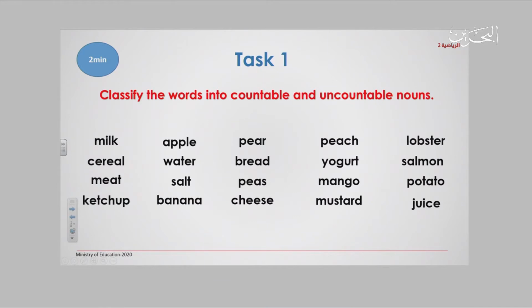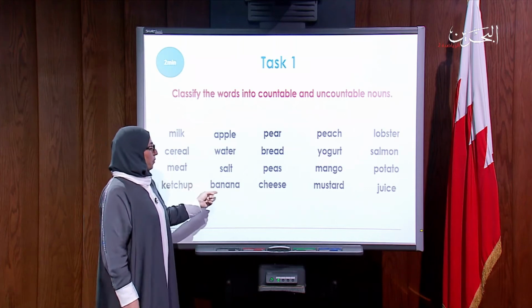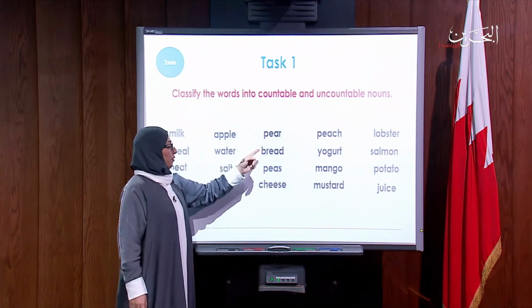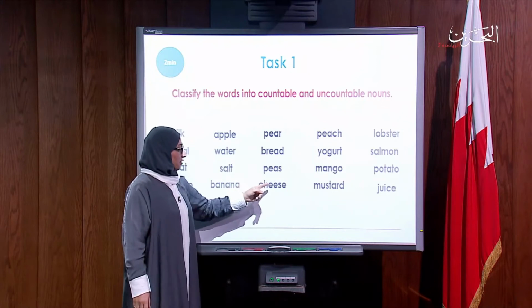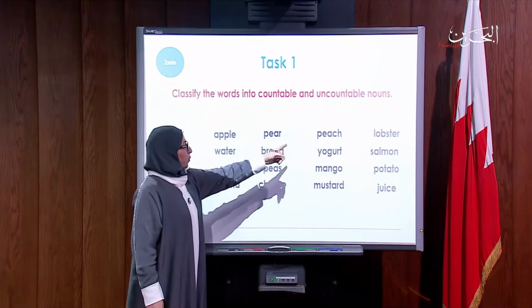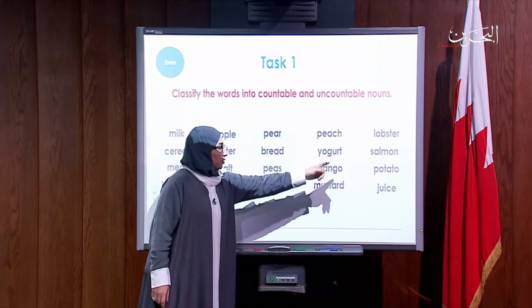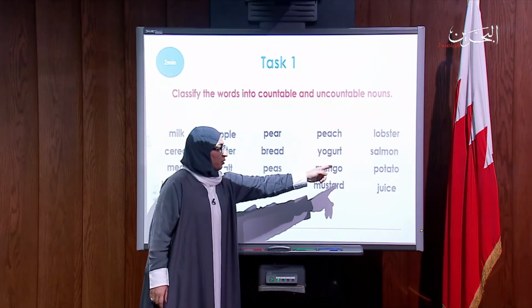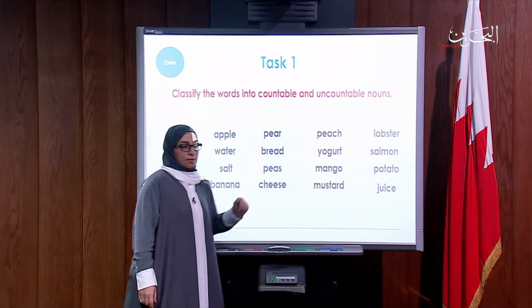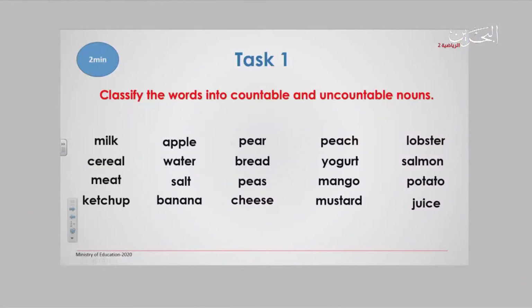Milk, cereal, meat, ketchup, apple, water, salt, banana, pear, bread, peas, cheese, peach, yogurt, mango, mustard, lobster, salmon, potato, juice. I'll give you 2 minutes to think about these nouns and try to classify them into 2 groups.